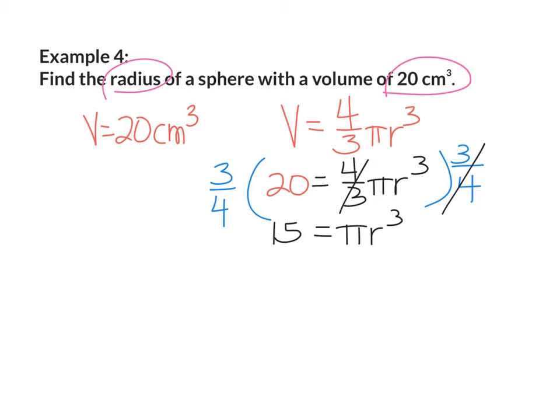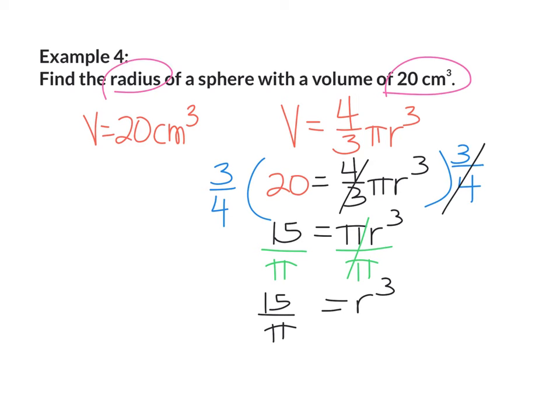Since I'm solving for r, I need to get rid of pi, so I'm going to divide both sides by pi. So on the right side, my pi's will cancel out. I'm going to bring down r cubed. And then on the left side, I'm just going to bring down 15 divided by pi.